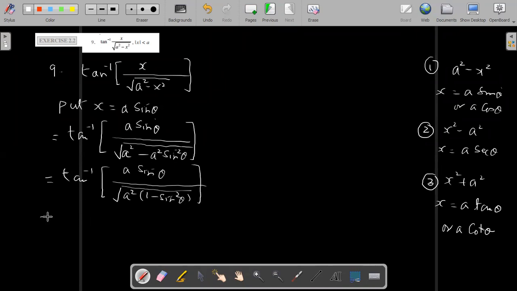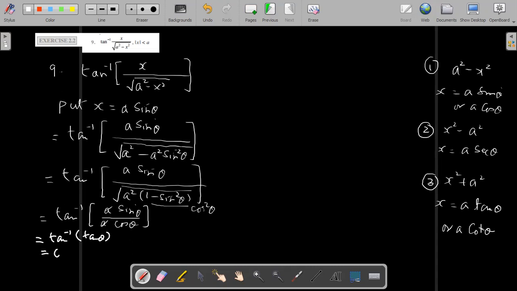So we get tan inverse of a sine theta divided by a, and 1 minus sine square theta you can write in the next step as cos square theta, then put the root and you will get cos theta. The a will cancel. Sine theta upon cos theta is equal to tan theta. Tan inverse tan theta.